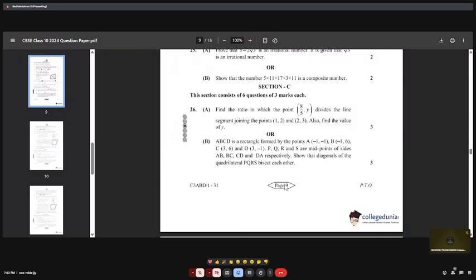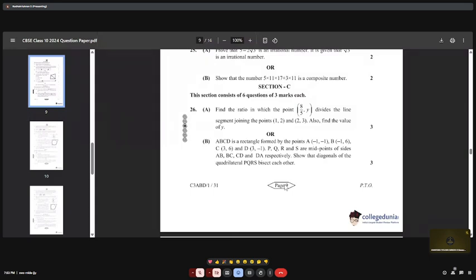The ratio in which this point divides the line segment. So the question is to find the ratio AC is to CB. AC is to CB will be the same as, suppose AC is x1, the x coordinate distance, and you can divide it into two components, right?